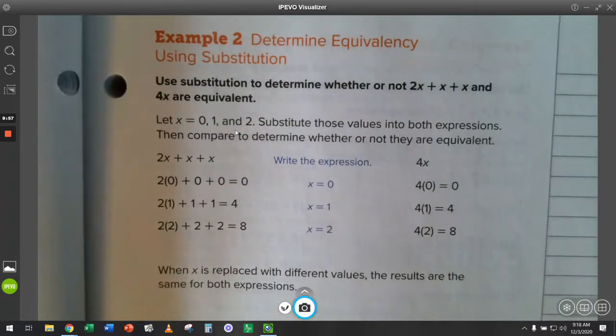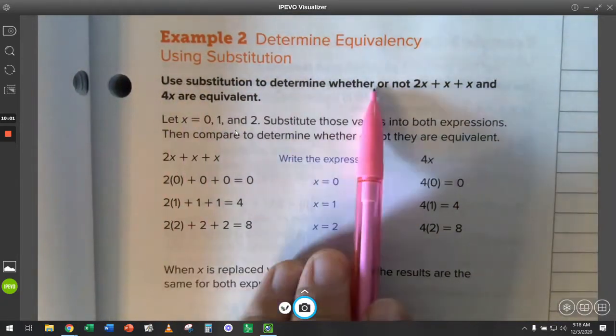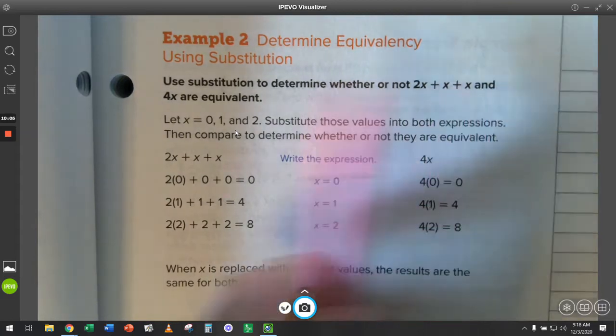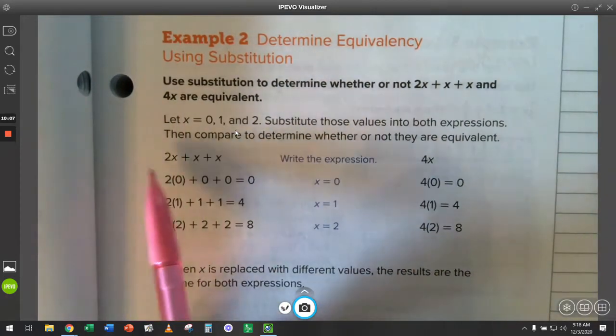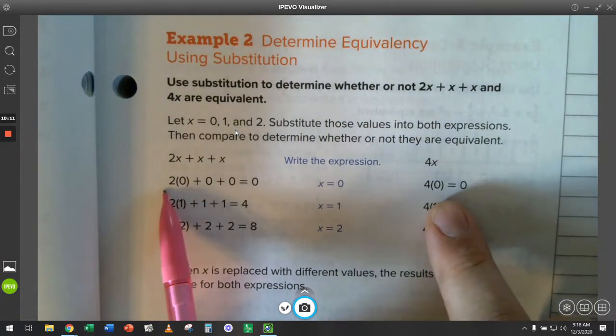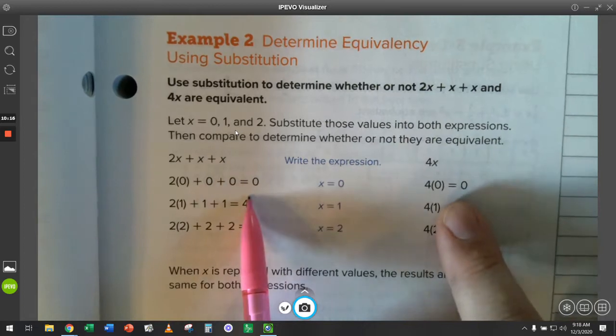So let's try this with example 2 on page 319. Using substitution, we're going to determine whether or not 2x plus x and 4x are equivalent. So if we were to plug in a 0 here, 2 times 0 plus 0, and 4 times 0, they're both 0.